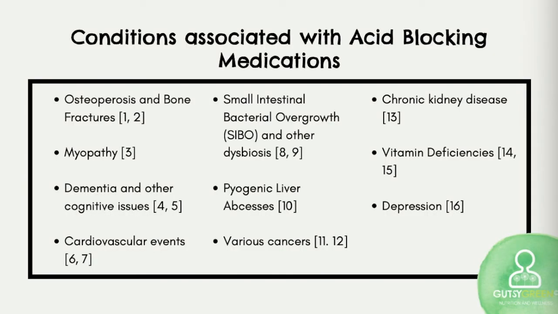So just to kind of shine the light on this, there's actually a considerable amount of emerging data highlighting the disturbing relationship between acid-blocking medications and disease. So we can see that its long-term use significantly increases the risk for bone conditions, myopathy, dementia, and cognitive impairment, cardiovascular events, intestinal dysbiosis, liver abscesses, cancers, kidney disease, nutrient deficiencies, and depression, just to name a few.